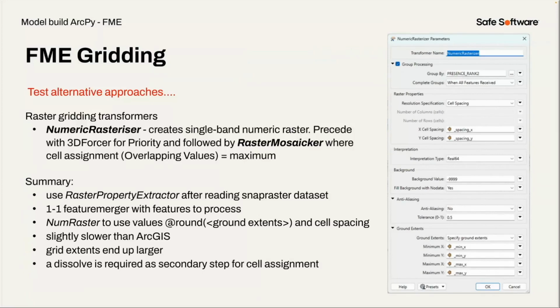So almost got the same result. I was able to use the raster property extractor to also read a snap raster and pass those attributes into the numeric rasterizer. But overall, the grids were a little bit larger and a little bit slower processing than geoprocessing within Arc, as well as needing a dissolve afterwards.